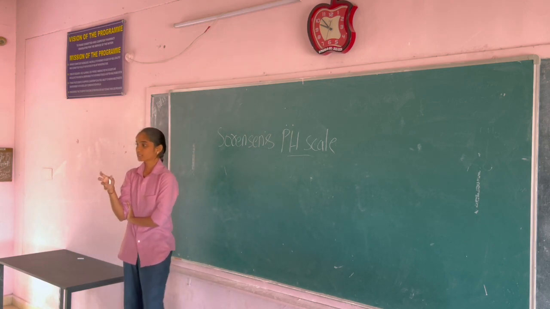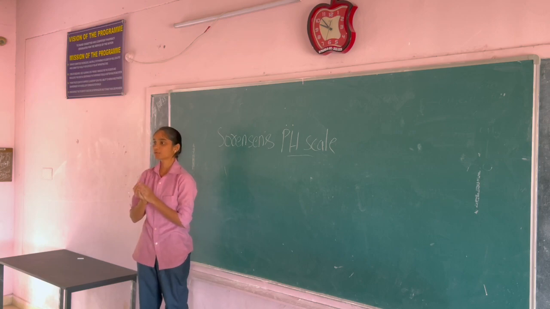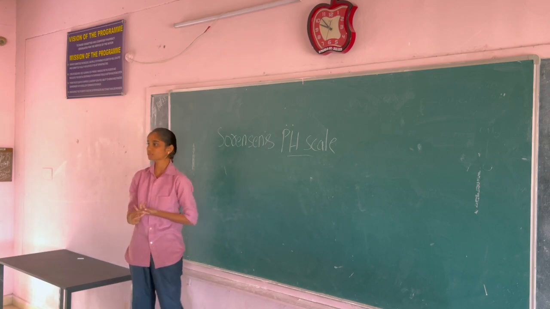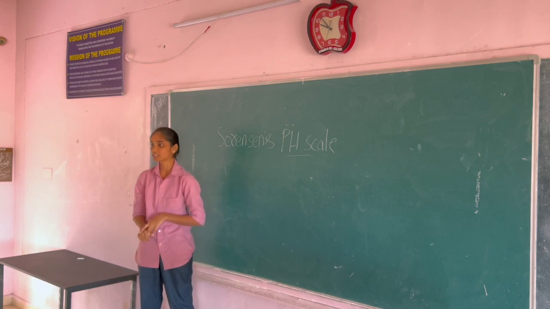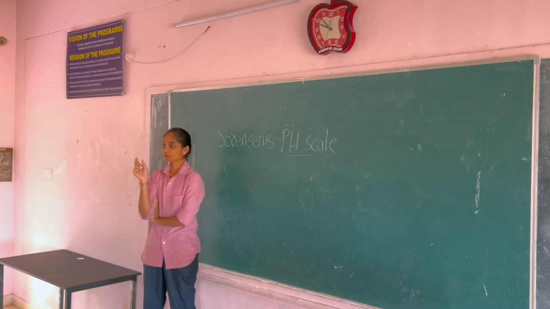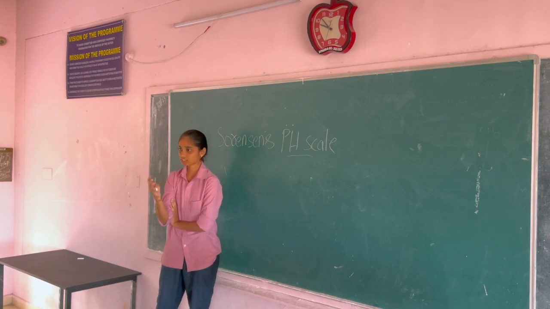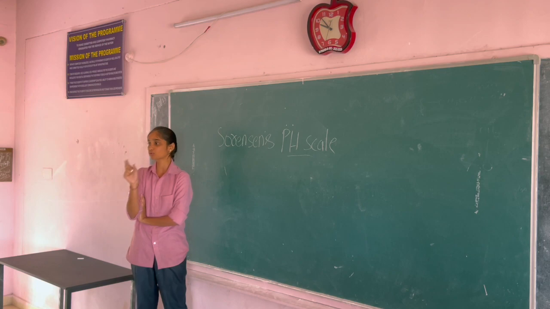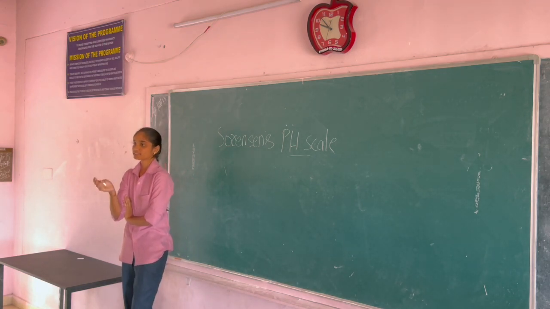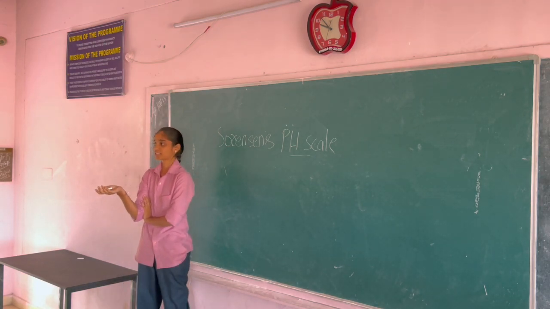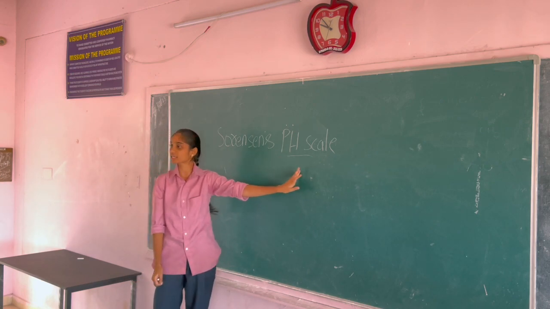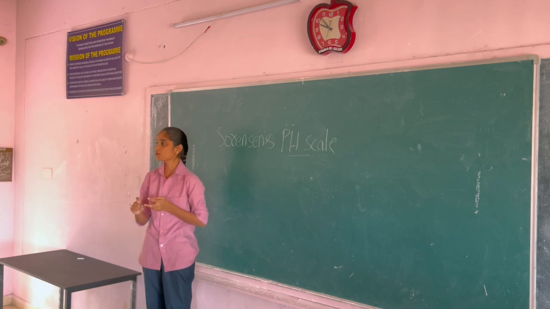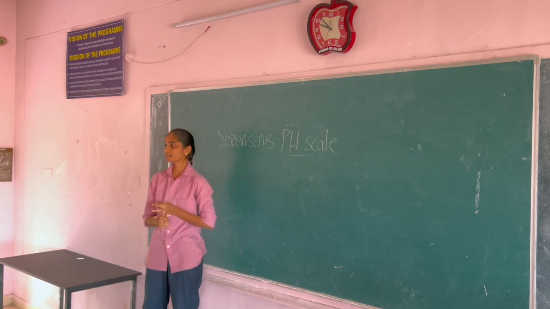Every solution or compound has one nature, acidic or basic or alkali. How are we going to know whether the given solution or compound is acidic, basic or alkali? By using this pH scale we can determine it.